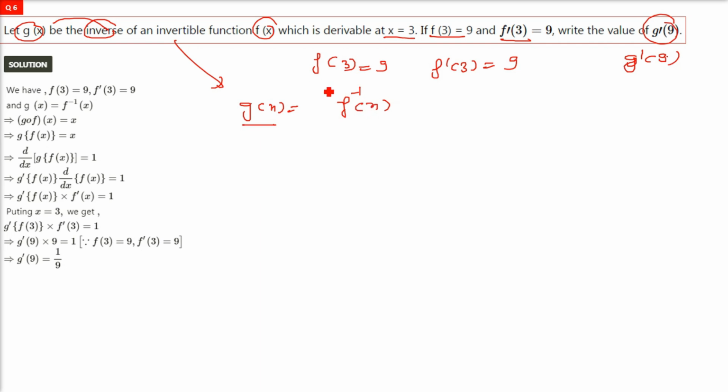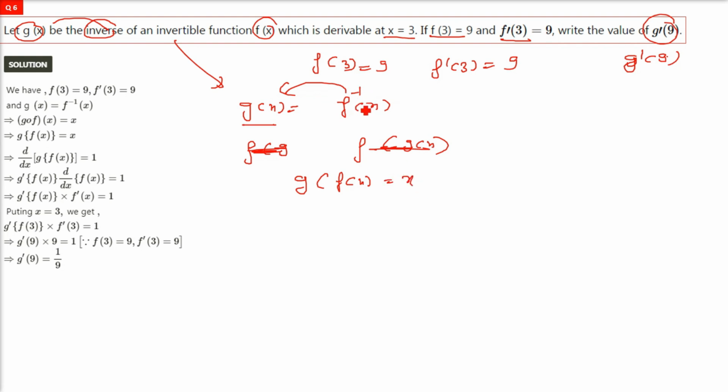Okay, let me explain it in another way. g x is f inverse x. When we take f inverse, I'll just show you how we are talking about that. So when this f comes here, it will be g of f x equals x.